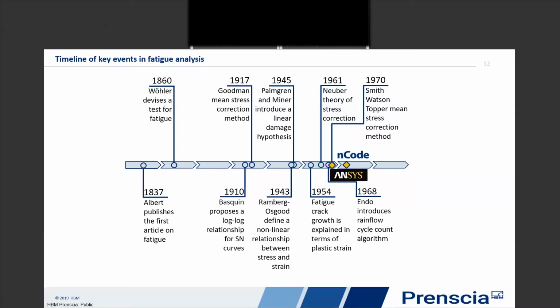But the next major change in how we dealt with fatigue really comes into the 60s and 70s, where we start to have available compute power. The moment that we can go in and numerically start to represent these things, because these operations are cycle by cycle, they're very numerically computation intensive.